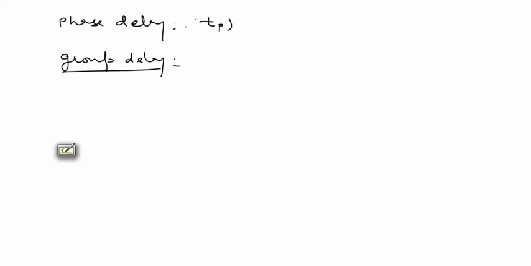Phase delay may be represented as TP, T for time and P for phase. The formula is: phase delay is the angle of H(omega) upon omega.